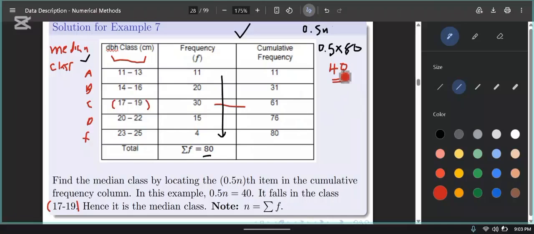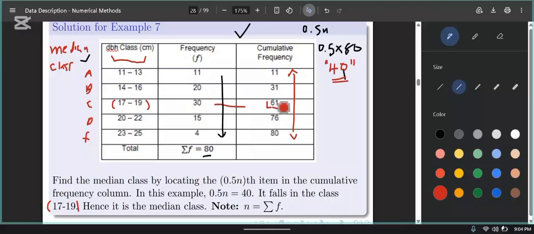So when we get 40, we then go to this cumulative frequency and check where 40 will belong. It will not belong here, this is 11, which is less than 40, and that one is less than 40, so 40 will fall somewhere in here, 61.